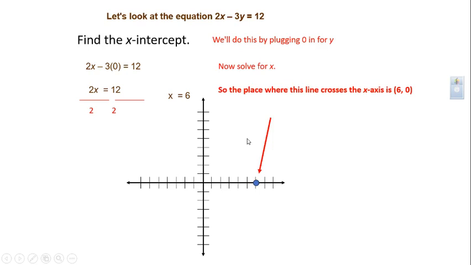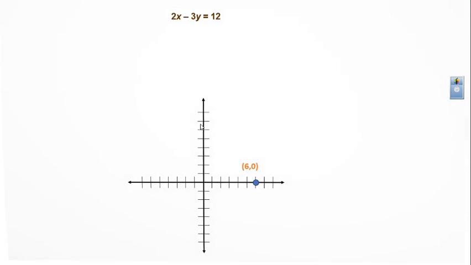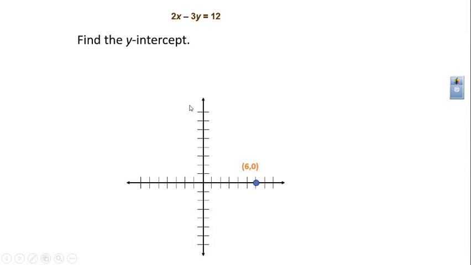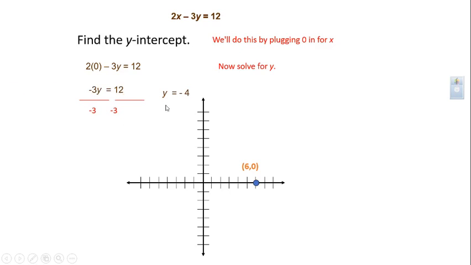Now, let's go on and continue here. And this time we're going to find the y-intercept. To find the y-intercept, I replace all the x's with 0 and solve for y. In this case, I get y is equal to -4. So when I replace all the x's with 0, the y-coordinate is -4.